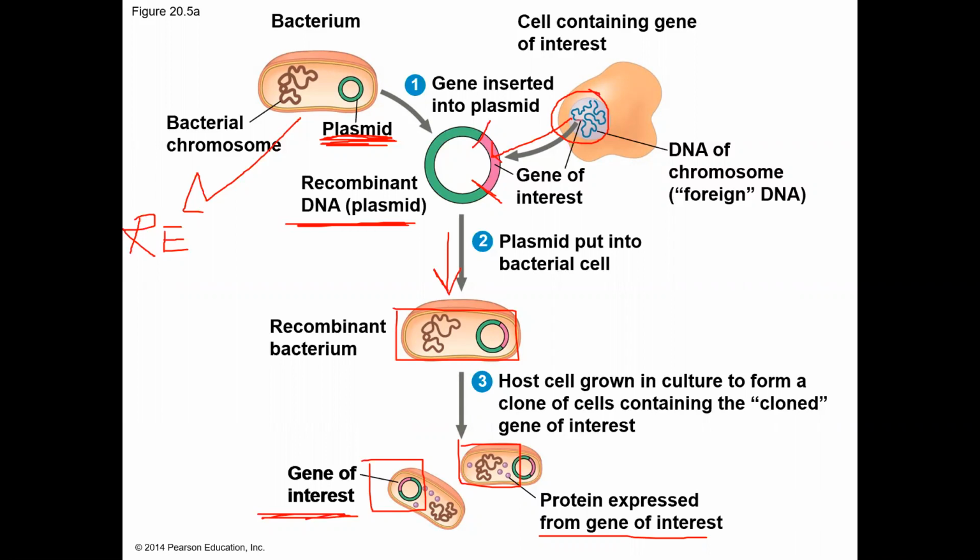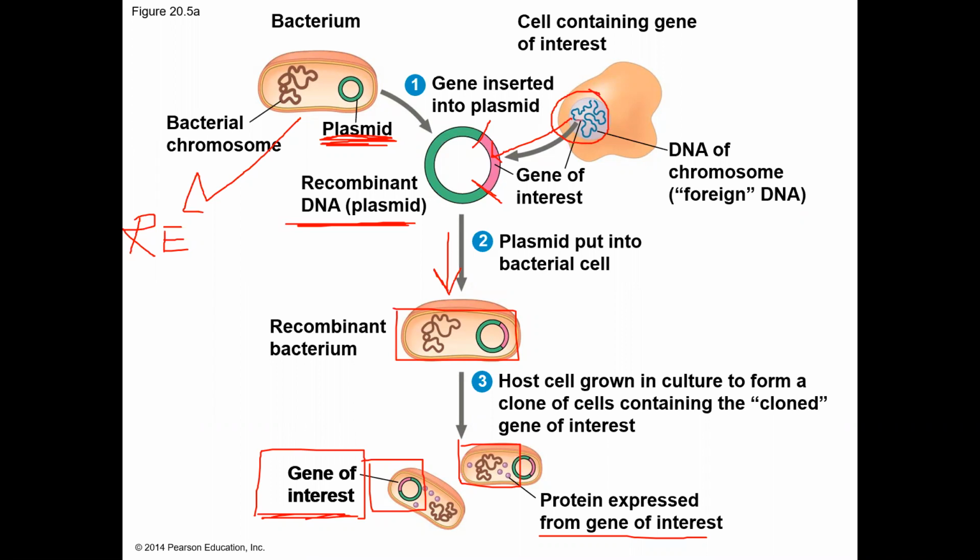And so before there were other methods to make copies of DNA, the only way to make copies before PCR came along, and we'll talk a little bit about PCR in just a minute, this was the way that you got more copies of your DNA, is you simply stuck it in a plasmid. You made a recombinant plasmid, you put it back into the E. coli, you grew up the E. coli, and then you isolated that gene back out of that plasmid.